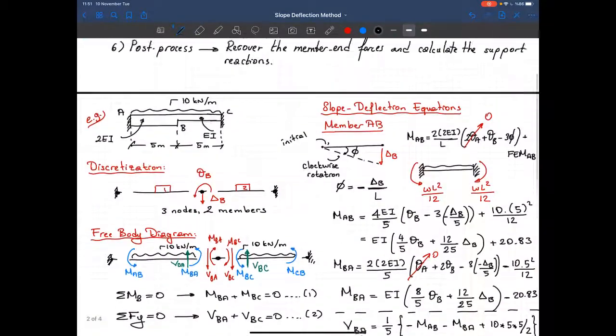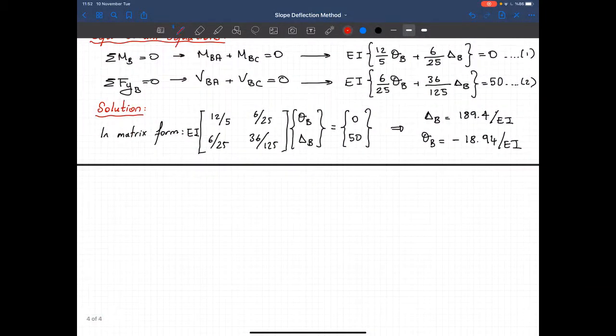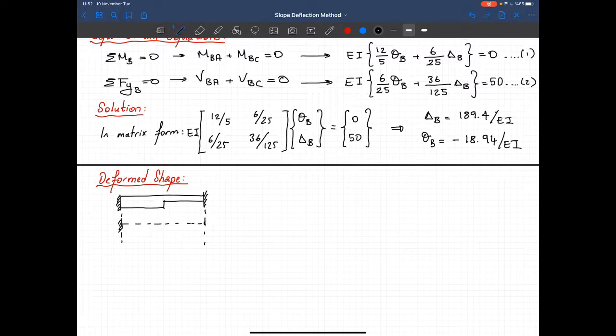So let's take a look at this problem and see if it makes sense. I will sketch the deformed shape and see if it's the way I expect. Let's remember the structure: that's a stronger member and the weaker member. Let's draw the wireframe here. That's the original undeformed shape, and everything is 0 here.